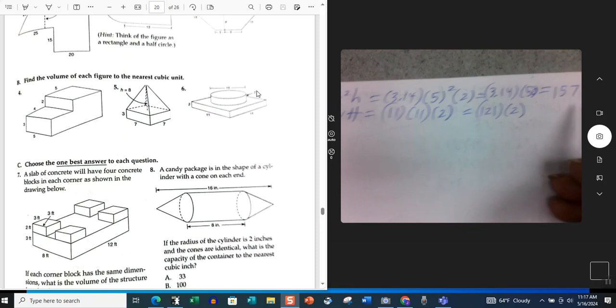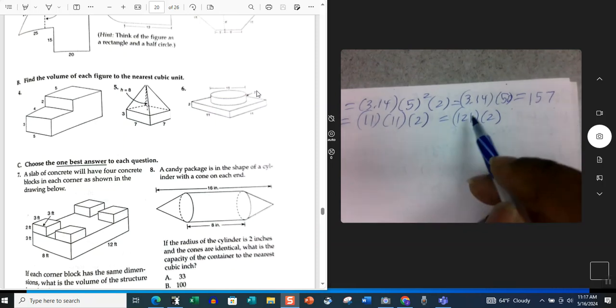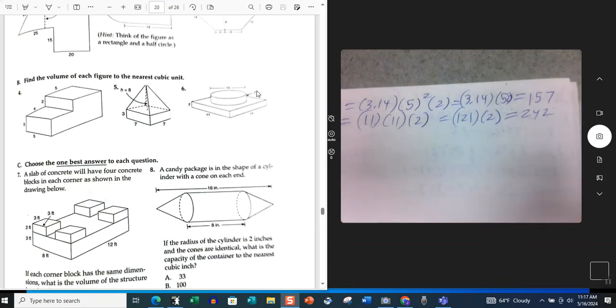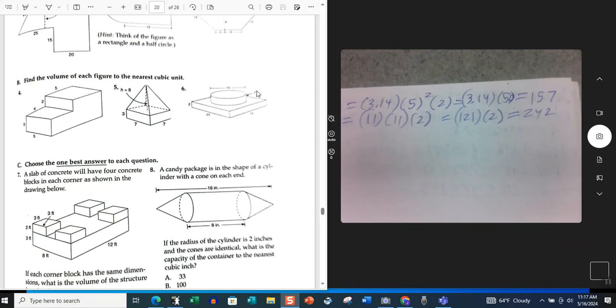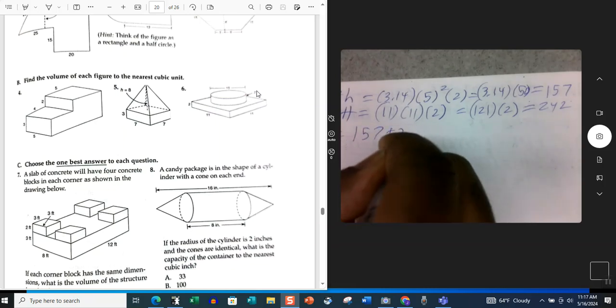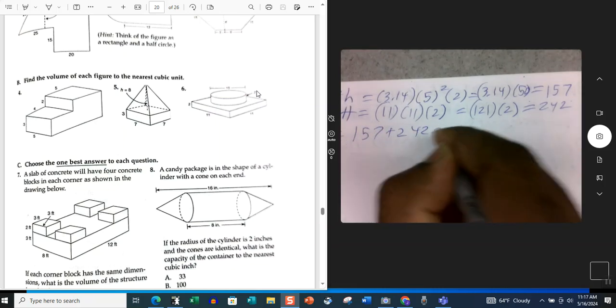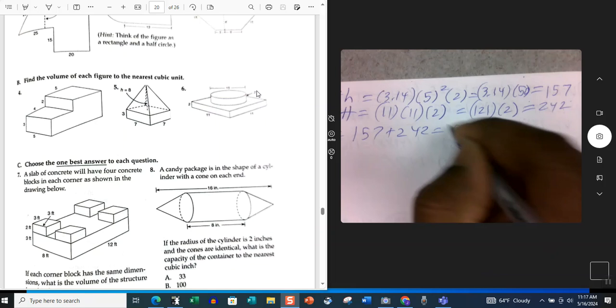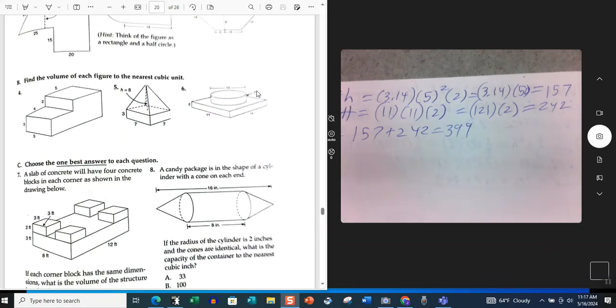Yes, it'll be 157. And then here we will have 121 times 2, which would be 242. So now we add them. So the volume would be 157 plus 242, which would give us, let me see, looks like 399 for problem number 6.